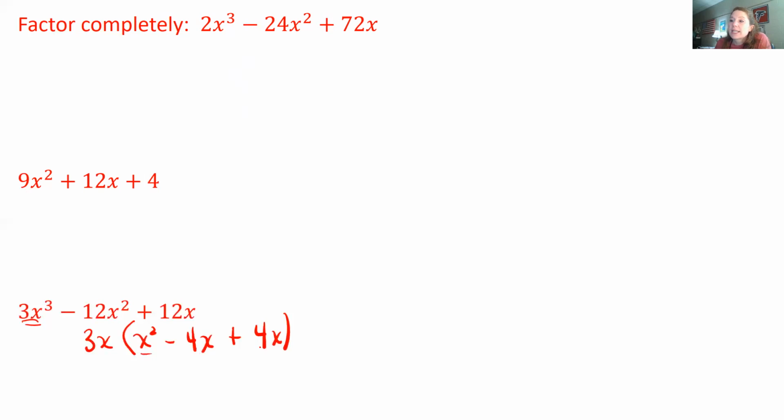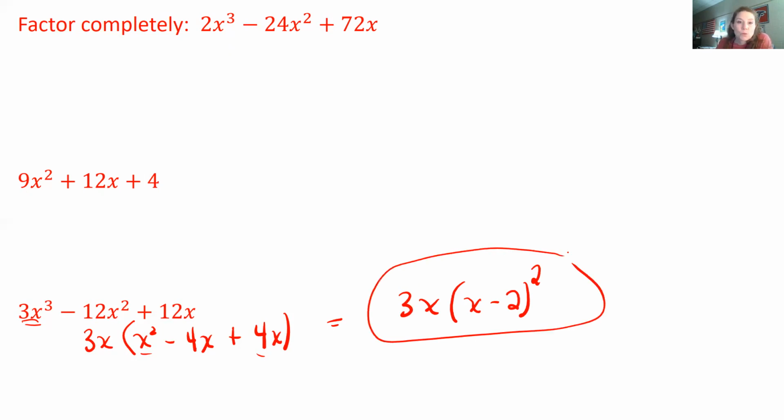Now I see the first and last terms are perfect squares. If I find the square root of 1, square root of 4, multiply, 1 times 2, I get 2, and I double it, I'd get 4. So can you think of what the answer would be? X minus 2 squared. That is the final answer once we've factored it.